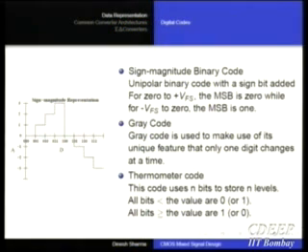Okay. In addition to that, there are 2 other codes which are important. There is gray code. So gray code essentially is the code that you use in Karnaugh maps and so on, which ensures that only 1 bit changes at a time. So this has advantages beyond that of digital power. Of course, there is advantage in switching.